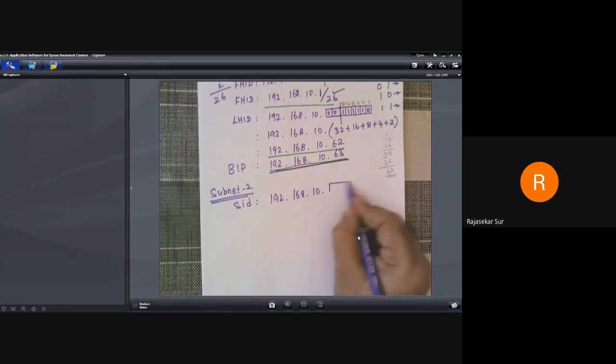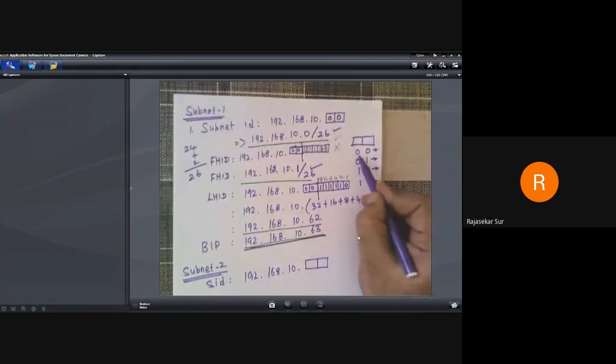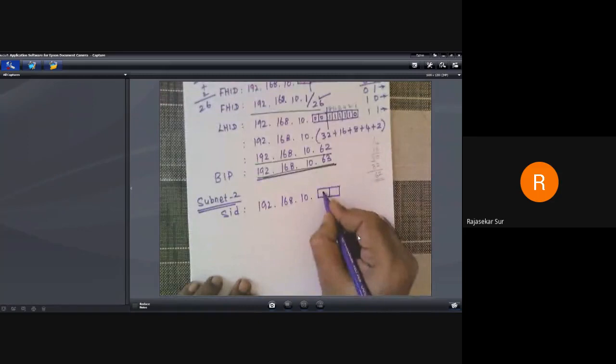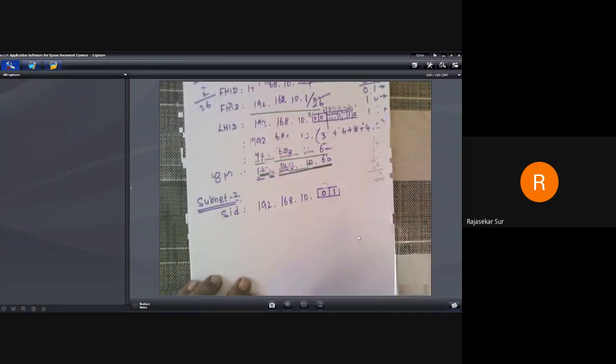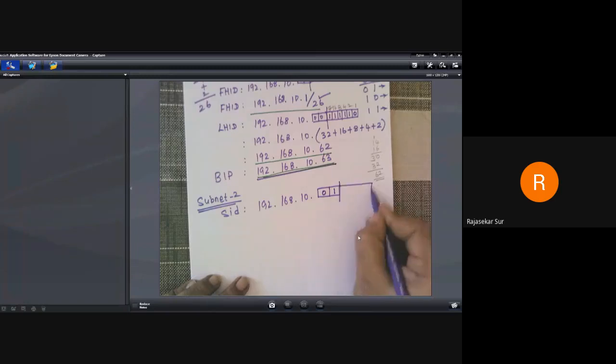There are 2 bits we borrowed. I keep 2 bits. This is the second subnet, so you can see the binary possibilities. Already 0, 0 we used. Now I'm going to use 0, 1. So after this you have 6 bits, 1, 2, 3, 4, 5.